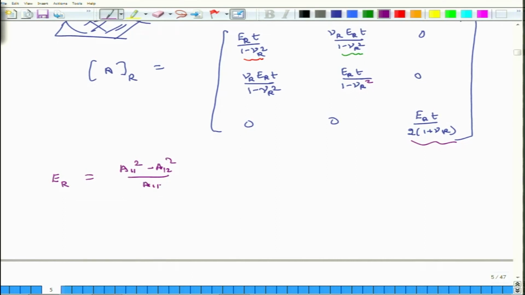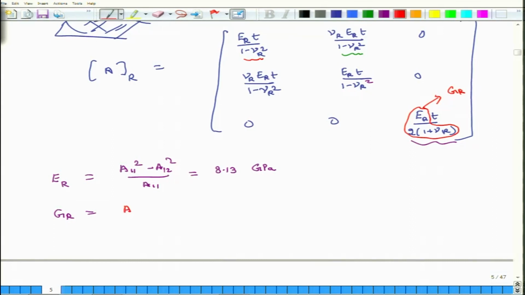If you do this math, you will find that ER works out to be 8.13 GPa. Okay. Then you have GR. So, actually this entire thing, E divided by 2 into 1 plus nu, is the same as GR.